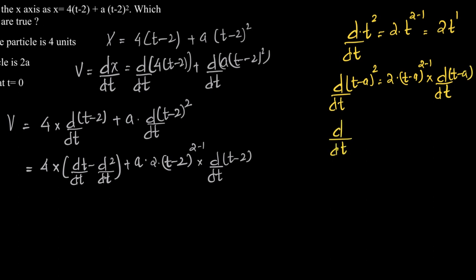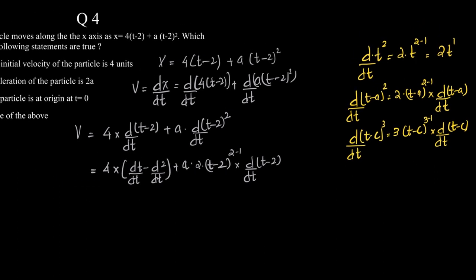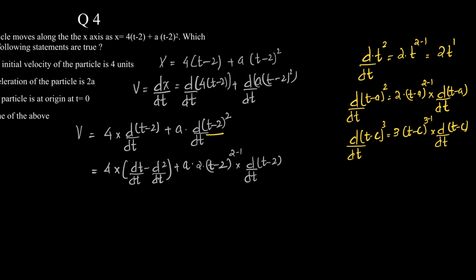Very similarly, d by dt of (t minus c) the whole cube will be equal to 3 into (t minus c) raised to 3 minus 1 into d by dt of (t minus c). Okay, so similarly, I have taken the logic here, (t minus 2) the whole square, 2 into (t minus 2) raised to 2 minus 1 into d by dt of (t minus 2).